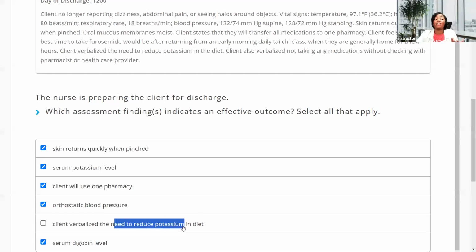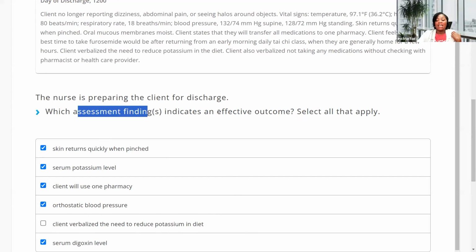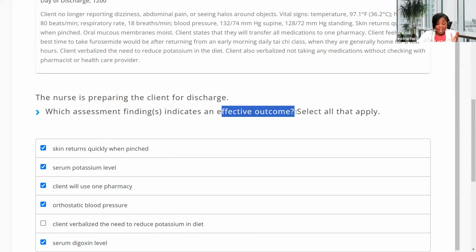If anything, they need to increase their potassium intake through their nutrition. So that one would not be correct. The rest are correct. All of these are correct choices based on the assessment findings indicating effective outcome of the treatment.